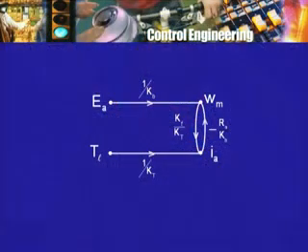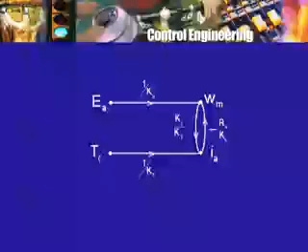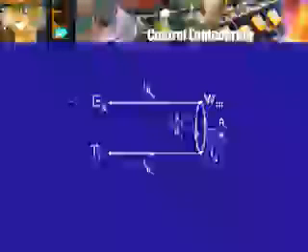So that is the first voltage equation for the armature circuit, solved for motor speed in terms of applied voltage and armature current, and that resulted in a part of the signal flow graph, namely with Ea as one node, omega m as one more node, and Ia as a third node, one arrow going from Ea to omega m with gain or transmittance 1 by Kb, and another arrow going from Ia to omega m with transmittance minus Ra by Kb. So that takes care of that one equation.